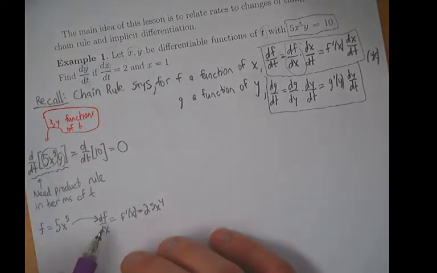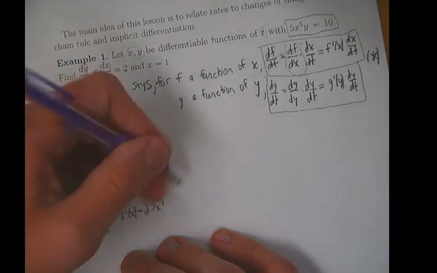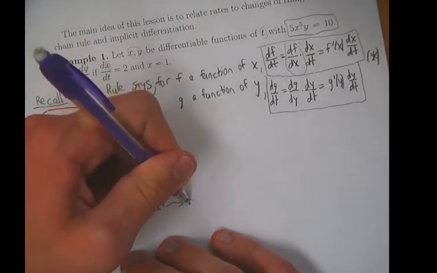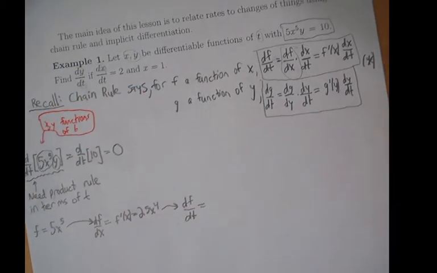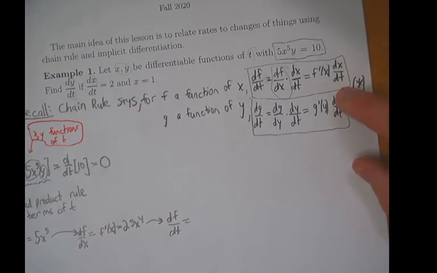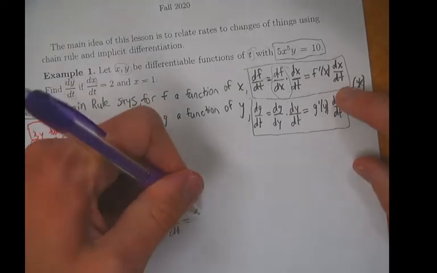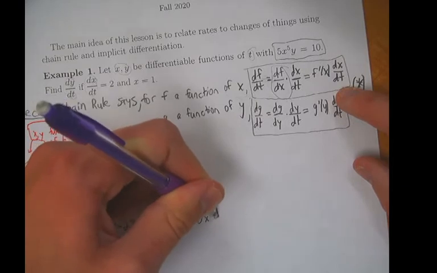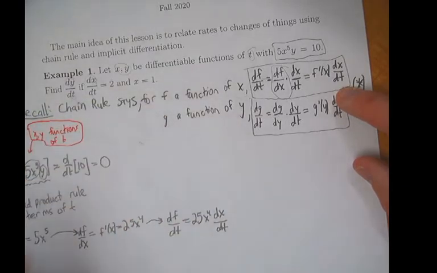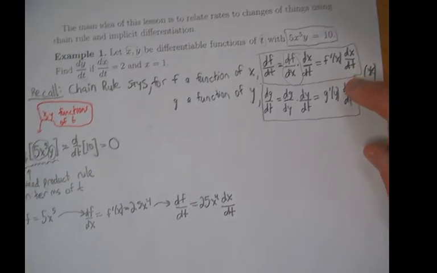Okay, so now we have df dx. So then to get df over dt, by our chain rule, all we have to do is just multiply dx dt to our derivative. So we have 25x to the fourth times dx over dt. Okay?